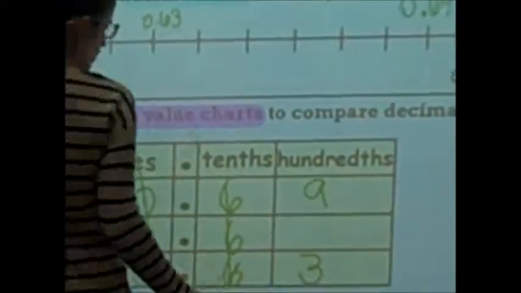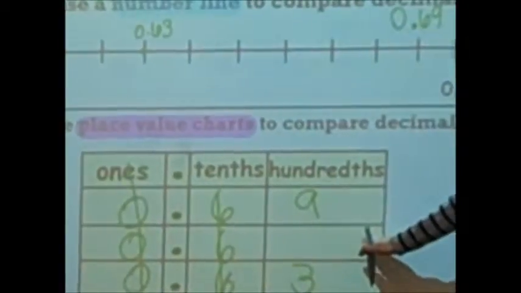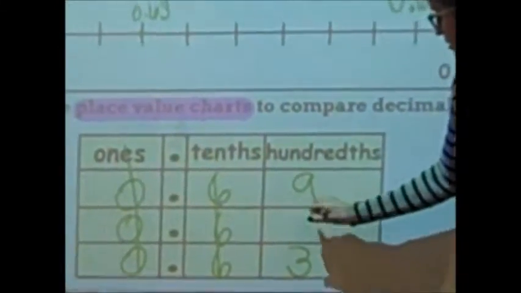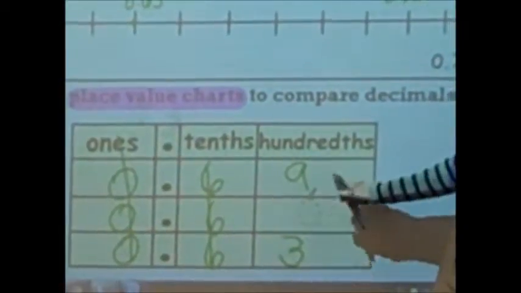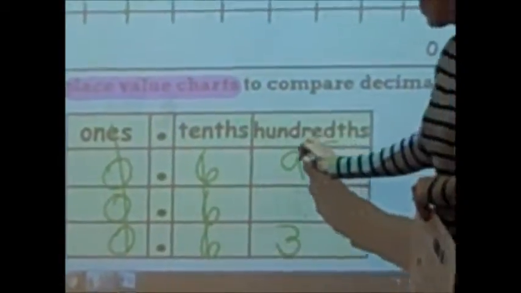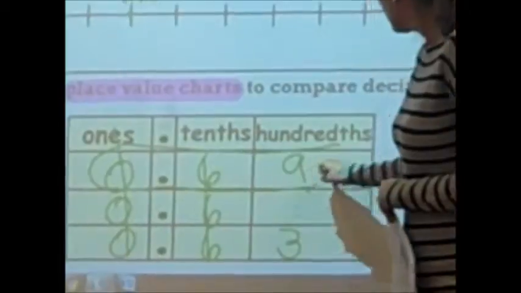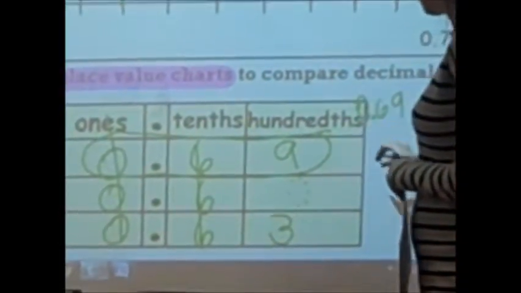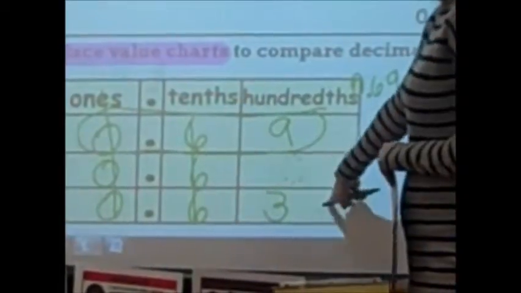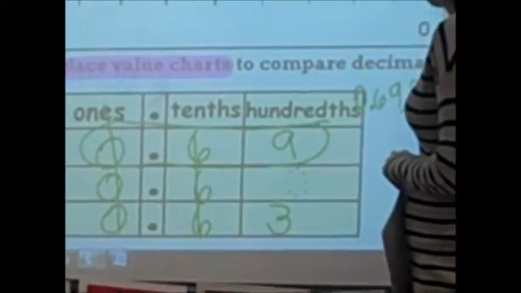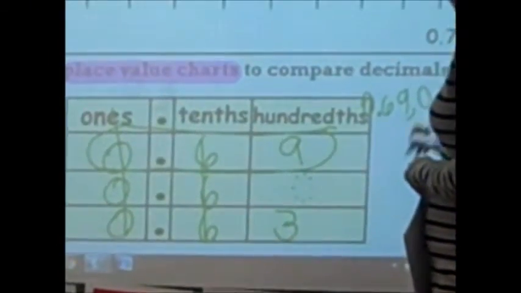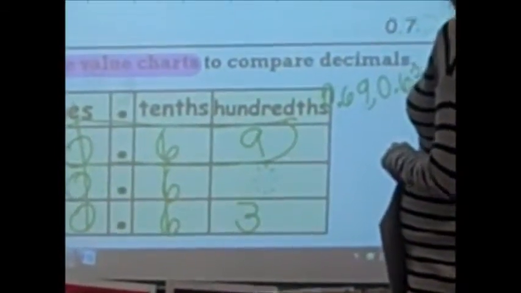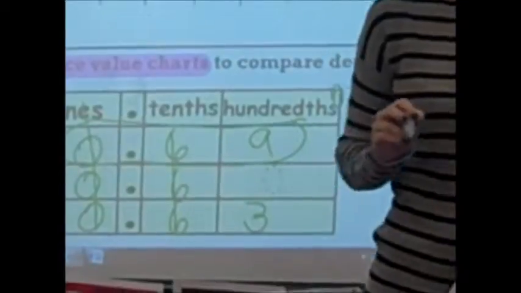So we can move on to the hundredths. We have 900ths, 000ths, and 300ths. Well, I know that 900ths is greater, so that means 6900ths is going to be greater. And then we'll have 6300ths. And then least will be 6/10 or 60/100ths.